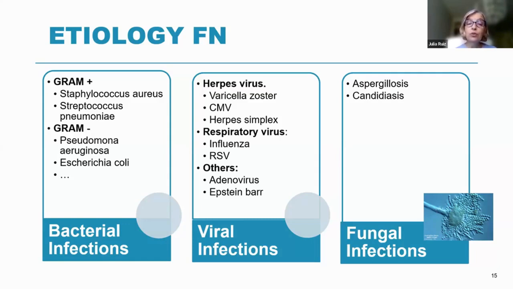We also have respiratory viruses like influenza, the respiratory syncytial virus, RSV, and others such as adenovirus or Epstein-Barr. And fungal infections will be produced by aspergillosis or candidiasis, among maybe others that can also be present.